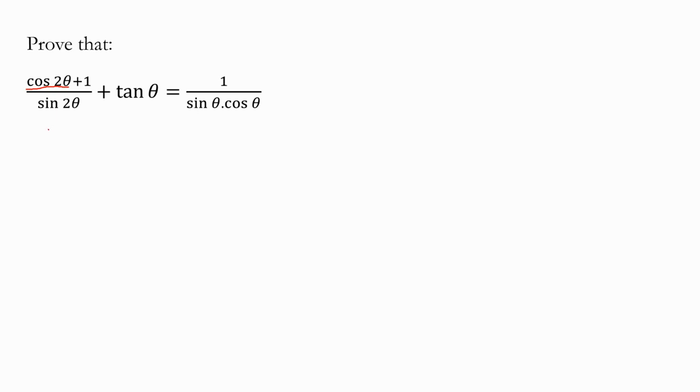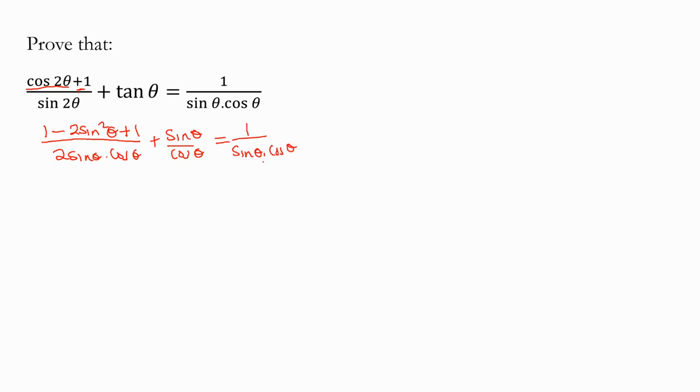Okay, so now this is going to be 1 minus 2 sine squared theta, then plus 1, this one here, plus 1 over 2 sine theta cos theta, plus sine theta over cos theta. This is tan theta. And then it's equal to 1 over sine theta cos theta.